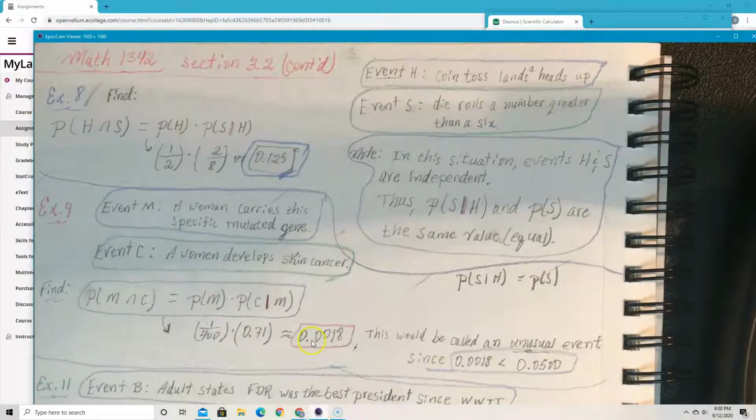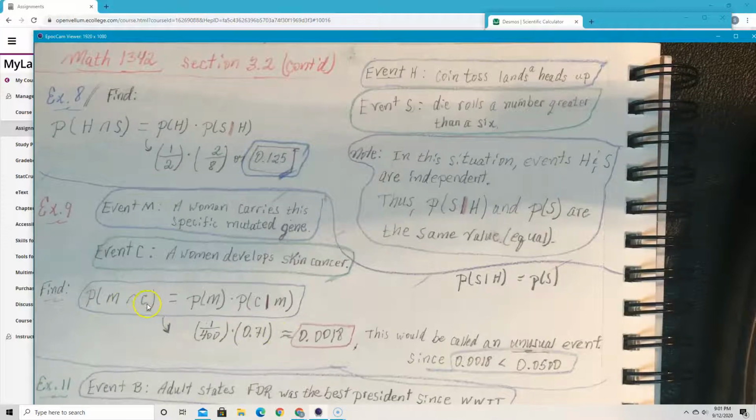I also want to mention here, to remind ourselves, would this event, randomly selecting a woman out of the entire population of women, where the woman would have this mutated gene and have developed skin cancer, be considered very likely, or is it unusual?